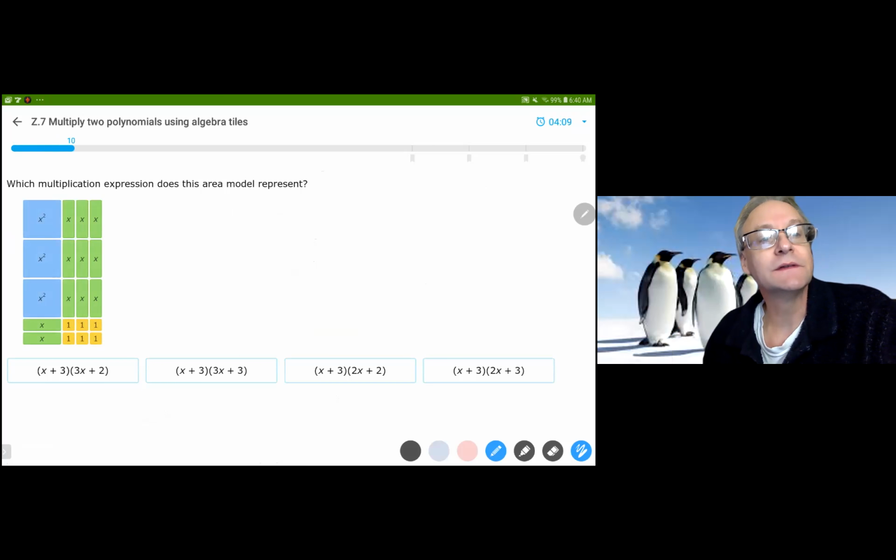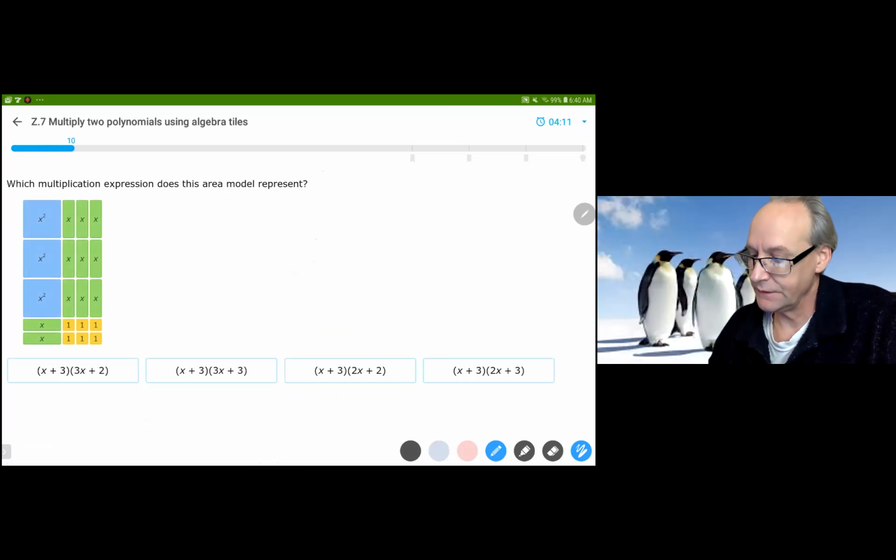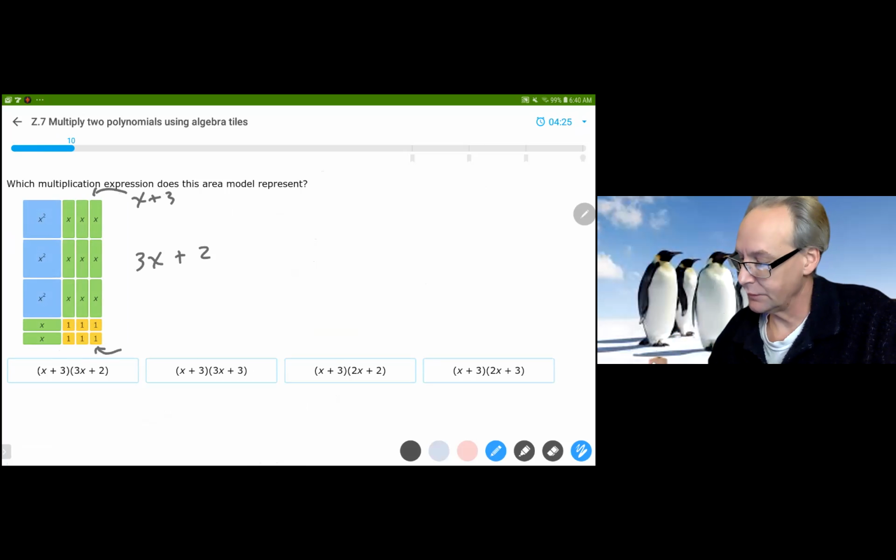This one says 3x plus 2 by x plus 3, doesn't it? That's what this says down here, but it also says the same thing on the top. So we're looking at x plus 3 times 3x plus 2. There it is right there.